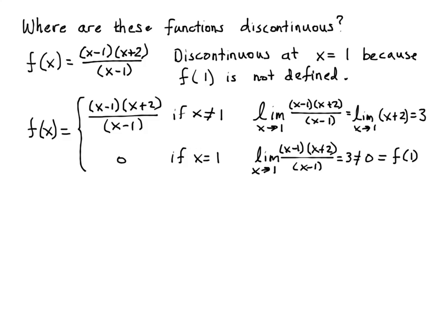So let me draw this on the board just to show you what I'm talking about. If I make my axes, and this is 1, the point that I've added is that when x equals 1, f at 1 equals 0.